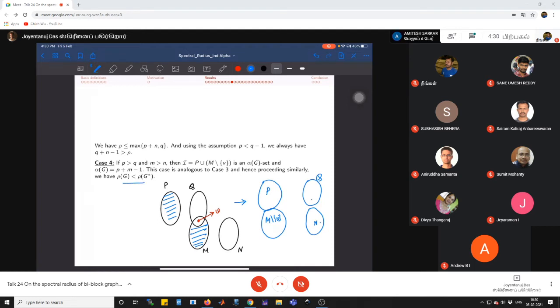It is rho of G tilde strictly greater than rho of G. This one is analogous to the previous case.